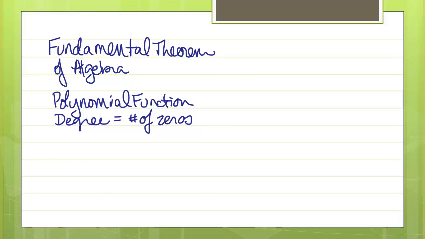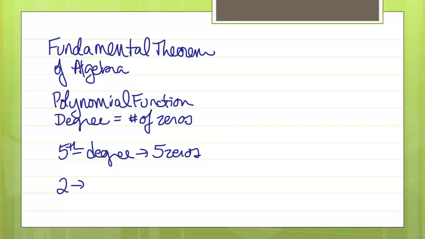We said it a little differently when we were dealing with quadratics. And again, I'll revisit that in a separate topic, either in class or online. But if I have a 5th degree polynomial, I expect 5 zeros. If I have a 2nd degree polynomial, I expect 2 zeros.